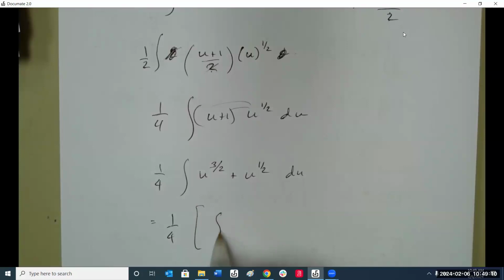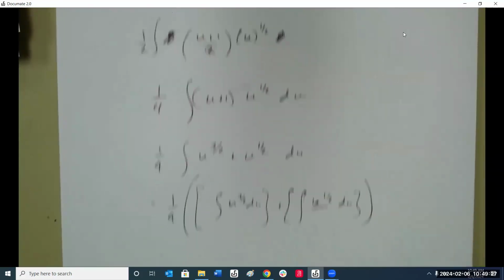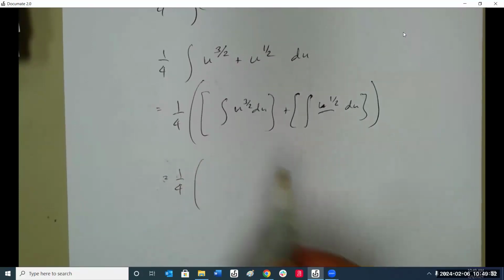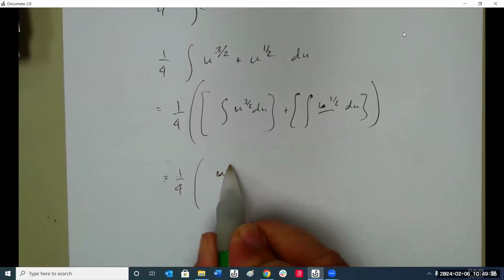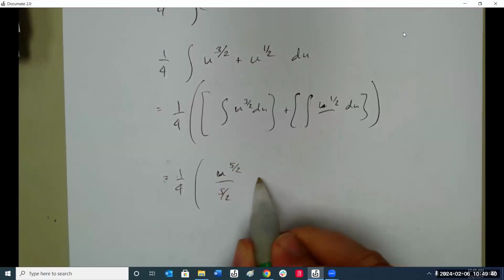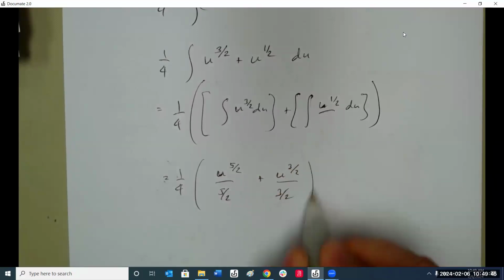So the integral of u to the 3/2 du plus the integral of u to the 1/2 du gives u to the 5/2 over 5/2 plus u to the 3/2 over 3/2 plus c.